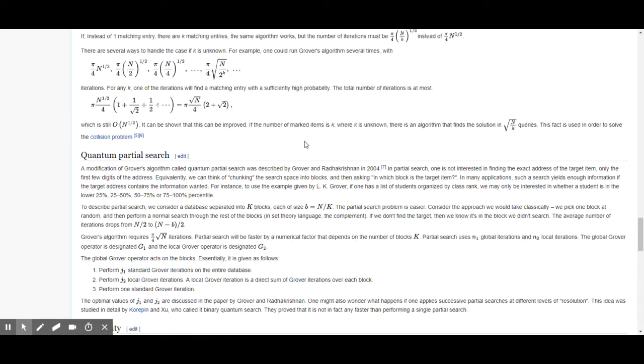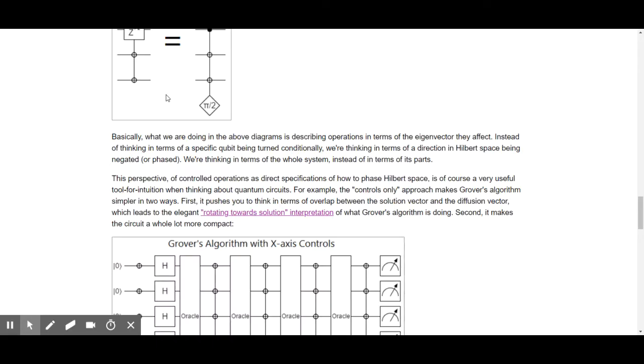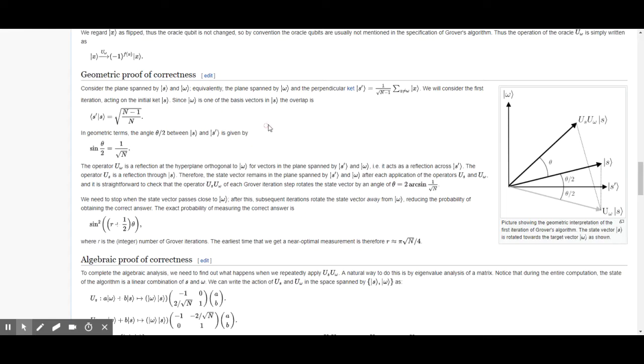Yeah. Remember that interpretation. The diffusion vector.